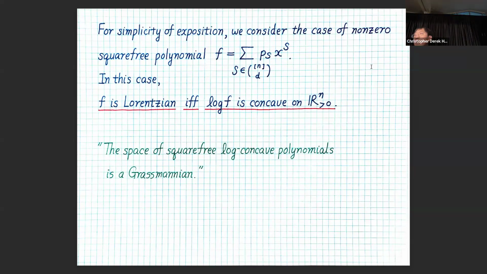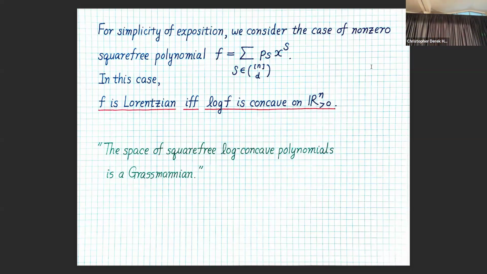By square-free polynomial, I simply mean a linear combination of square-free monomials. So we're going to sum over all the d-element subsets S of n, which will correspond to monomials. And each such monomial, x to the S, will have a coefficient p_S, which I assume to be non-negative.